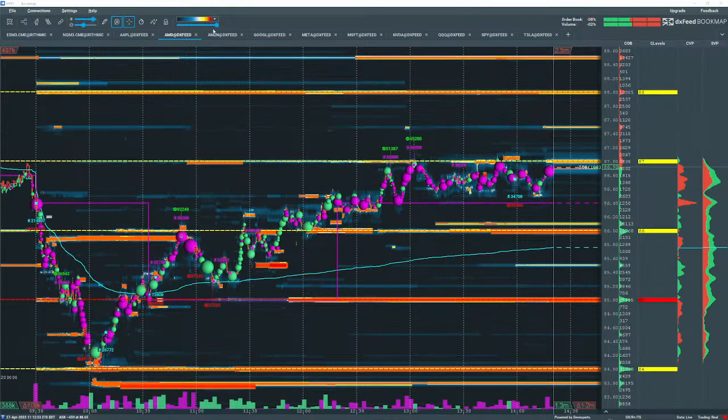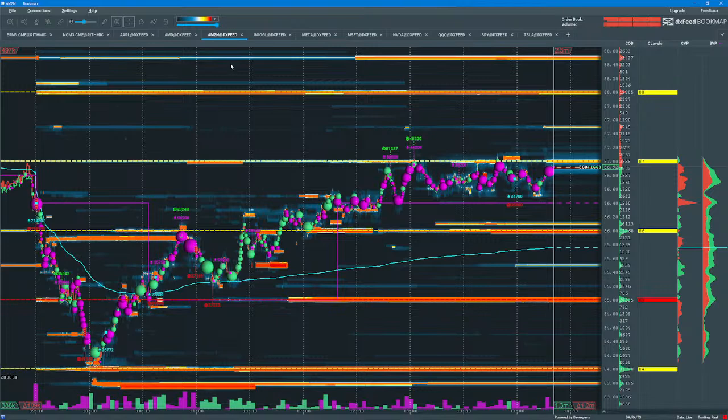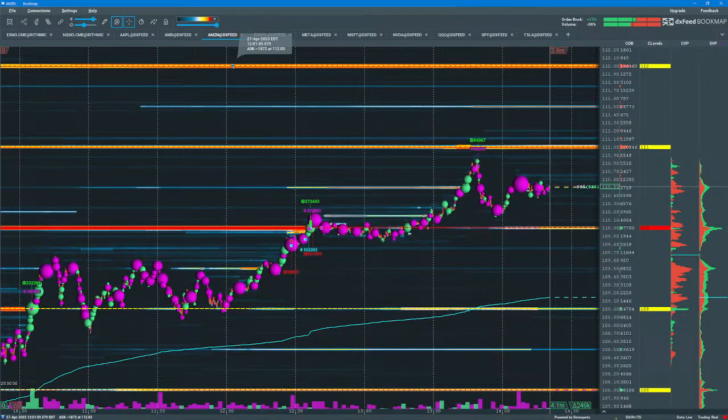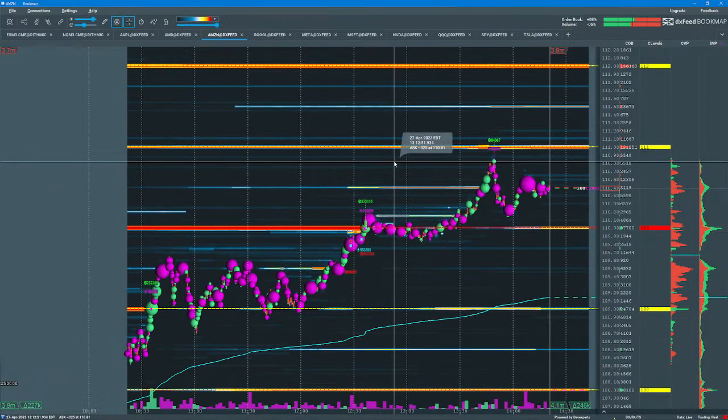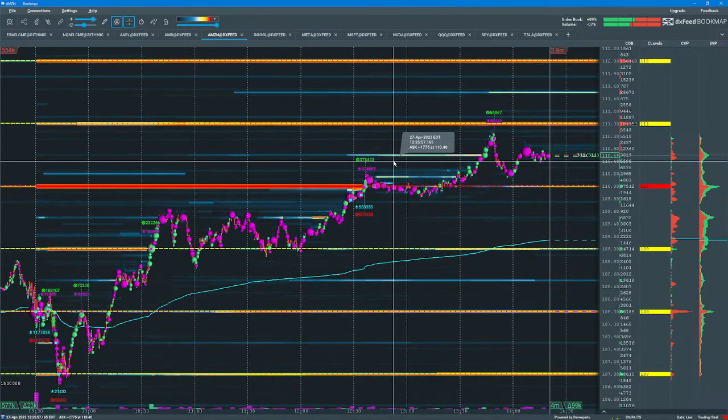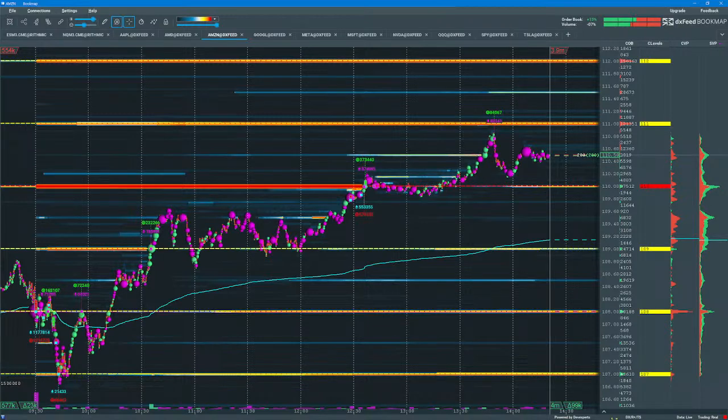Here's Amazon. Another strong uptrend. Let's go take a look at Hero.